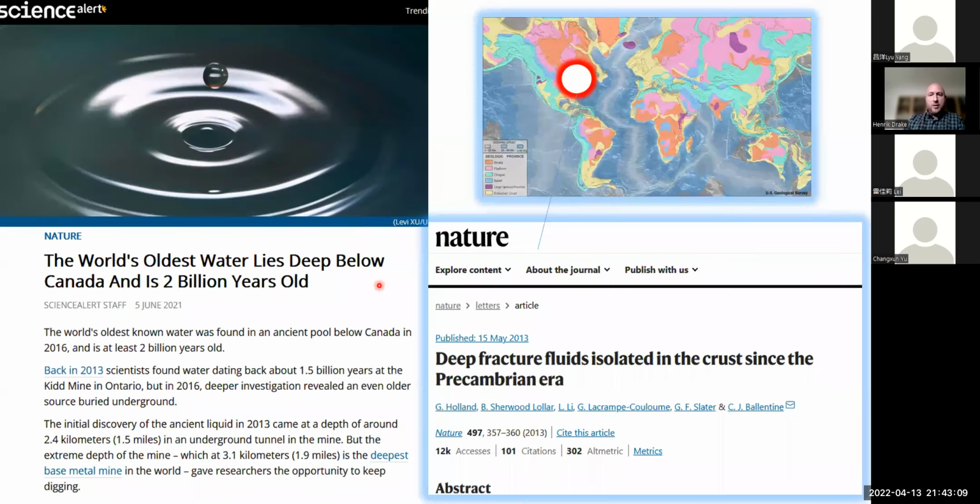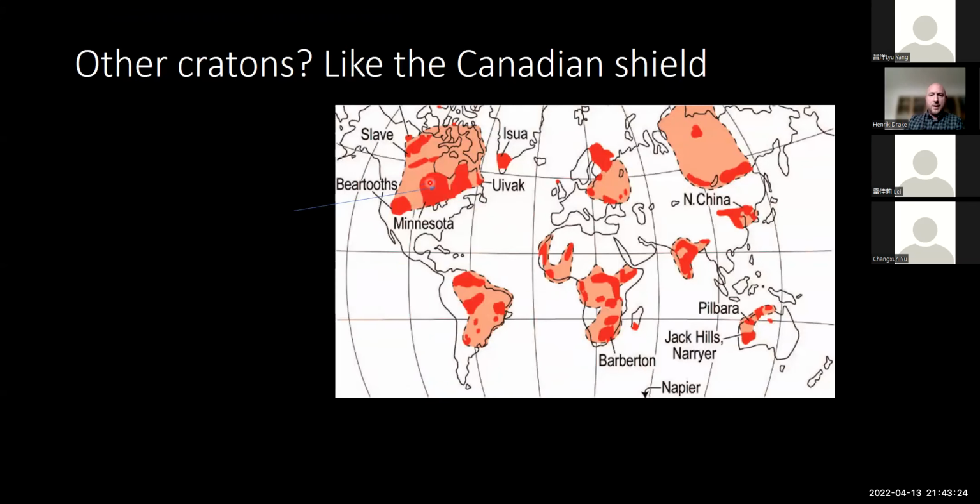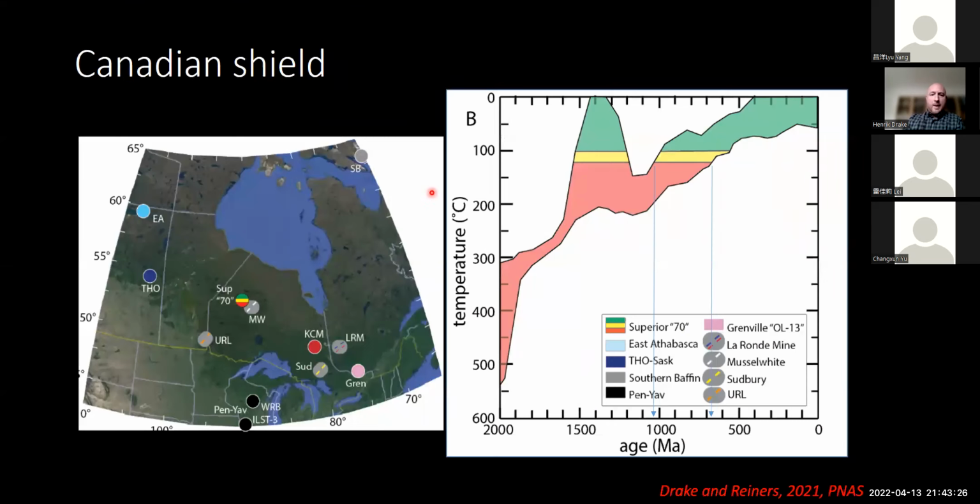And if we look into Canadian crust, where they have these extremely old waters, 1.5 billion year old waters, we also applied the same thermochronology techniques to these areas in the Canadian Shield up here. Here's Kidd Creek Mine, where they have found these extremely interesting ages and microbial communities at depth.